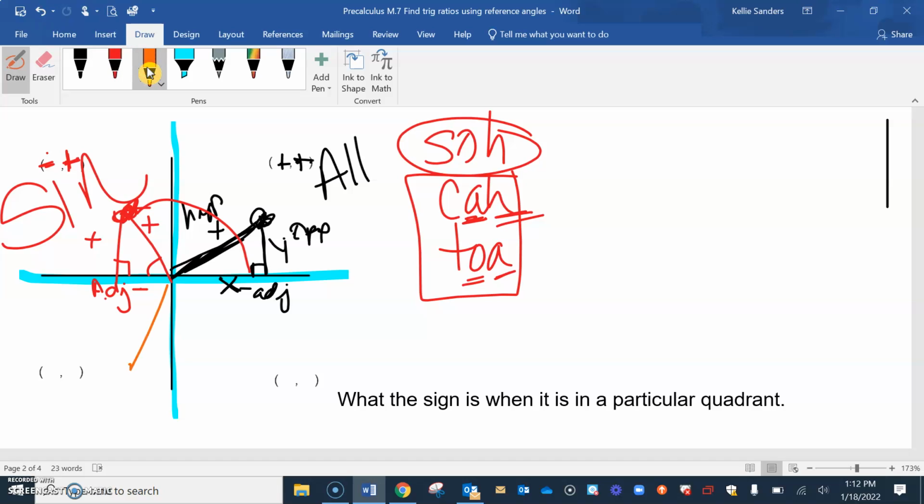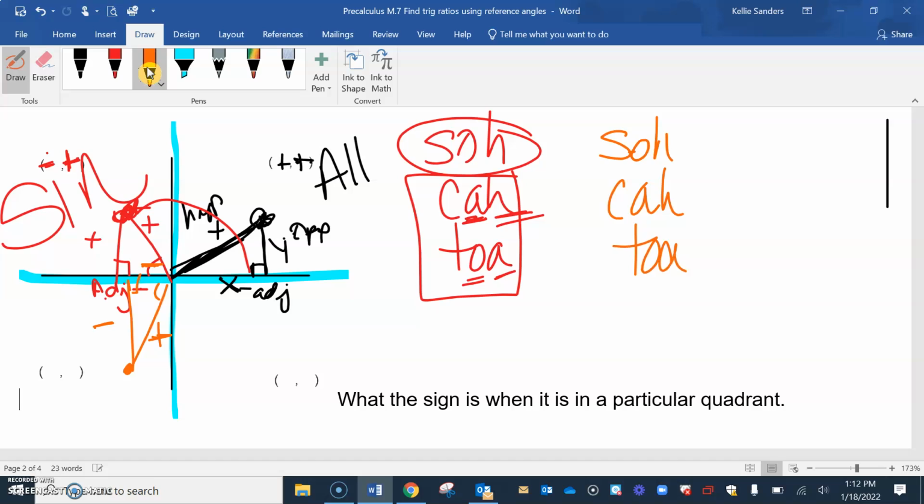And then if we end up here in the third quadrant, reference angle, how did we get here? Well, this is negative because we went left. This is negative because we went down, and your hypotenuse is always positive. So opposite and adjacent are negative. And a negative over a negative, what is that?